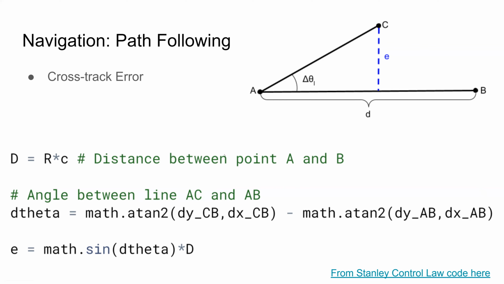And then from there, to get that perpendicular distance, you just take the sine of that delta theta and multiply it by the distance between A and B. That gives you your cross-track error. And this error is computed every cycle, or every time the code is looped. This calculation is updated.